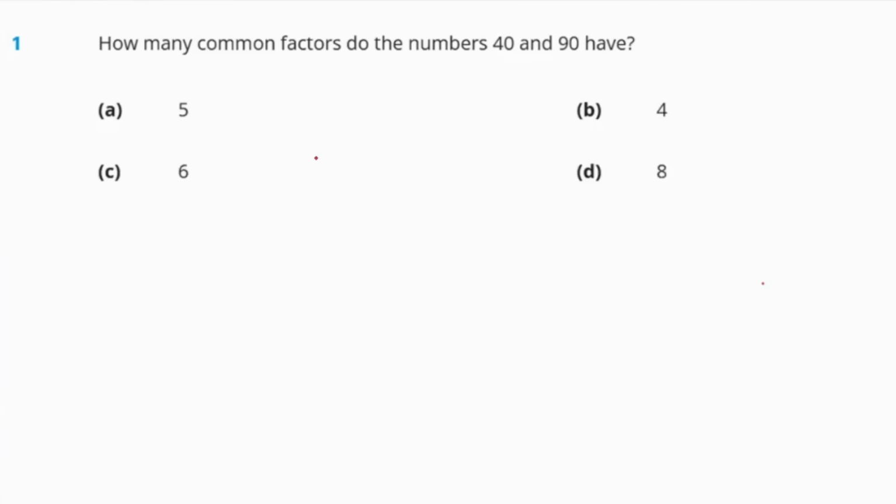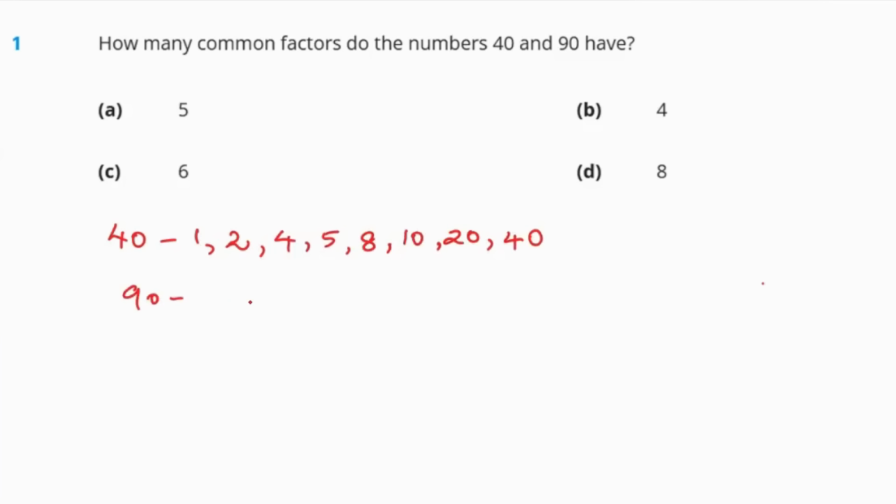For 40, the factors are 1, 2, 4, 5, 8, 10, 20, and last 40. These are the factors of 40. And what about 90?